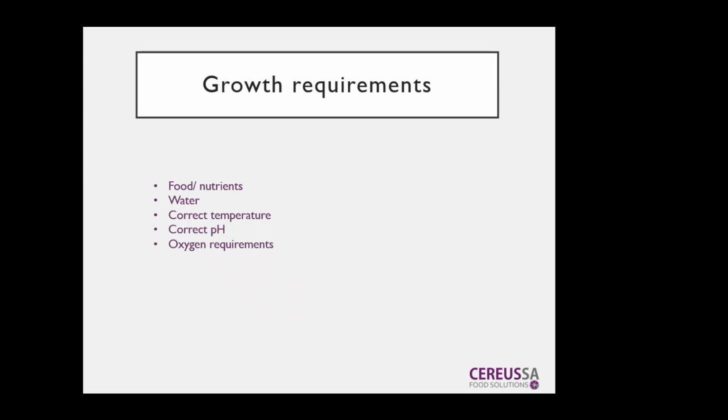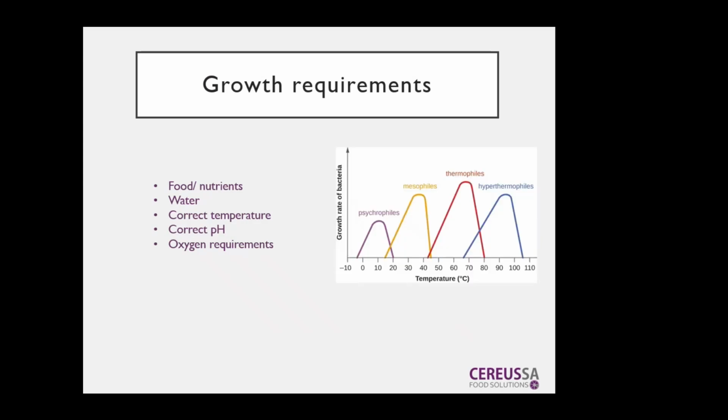Correct temperature. Remember, we talked about the different optimal temperature ranges for different types of microorganisms. So there are optimal temperature ranges for these various microorganisms. Also, the correct pH. Some microorganisms can grow at lower pHs, whereas others are very sensitive to pH and cannot grow in a very acidic or a very alkaline environment.